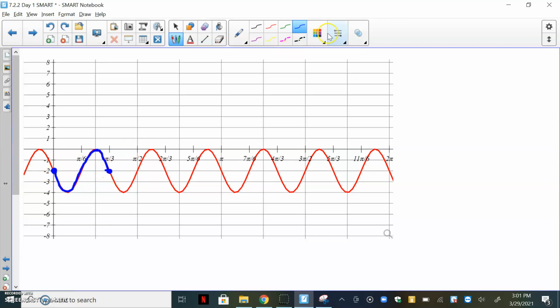So I would trail back to my x-axis, and recognize that this is my period. So my period is going to be pi over 3. And then from there you can find the midline and the amplitude. Those are pretty straightforward from there.